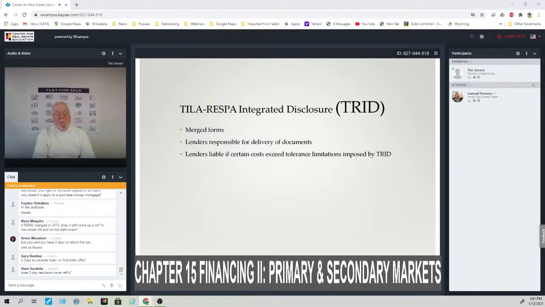The lender is responsible for delivering a final loan estimate to the buyer 7 days before the closing, so that the buyer can review it to determine if the program is right, the payments are correct, and the amount of money being borrowed and the interest rate all jibe with what they're told. If they do, the borrower then sends back to the lender an intent to proceed letter. The letter tells the bank, we're ready to close.